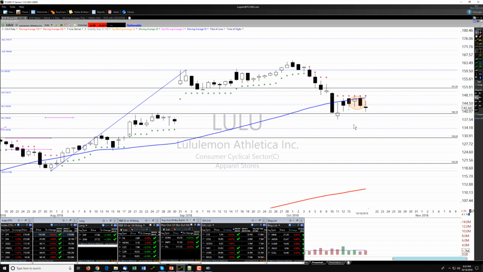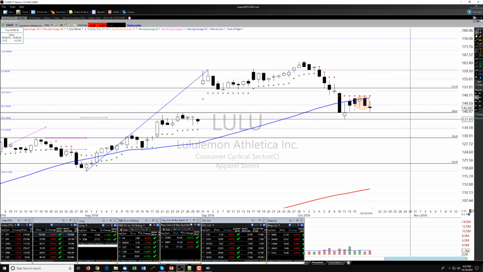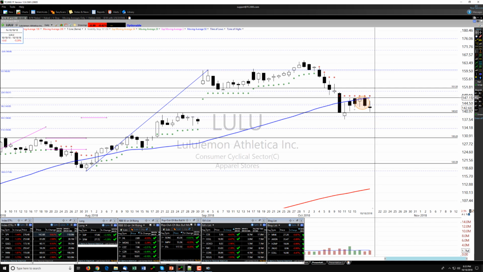So let's say that we're looking for 140, and I moved it, 140.25 is an entry, and 130 and a quarter is a target. Let's just use a quarter each, and put a stop up in this area because we are looking for a move down first.